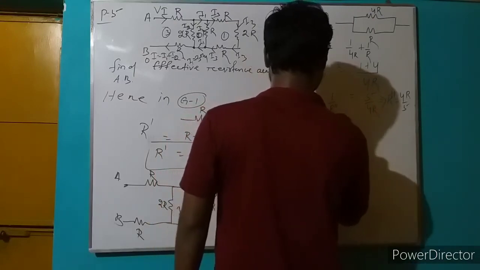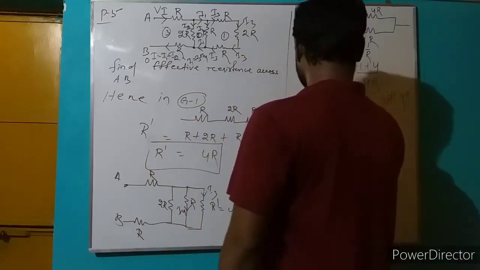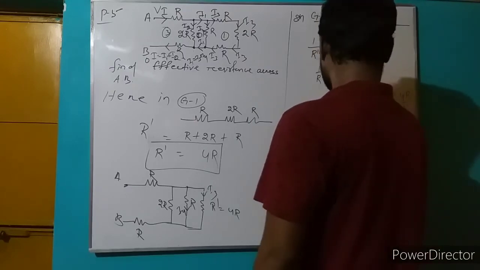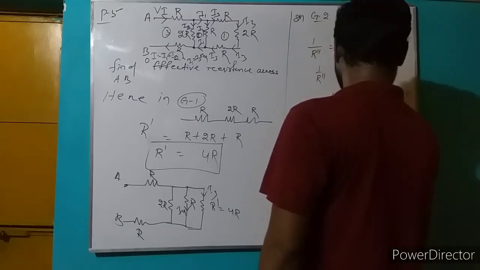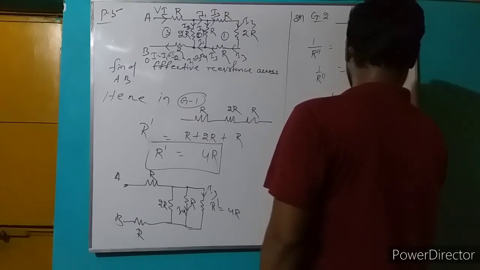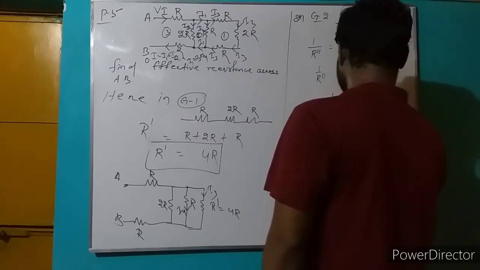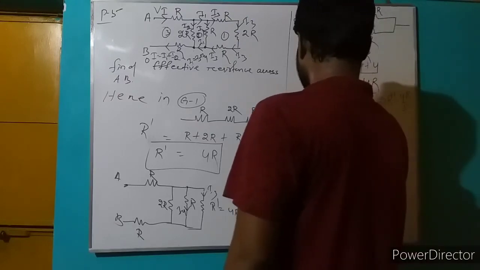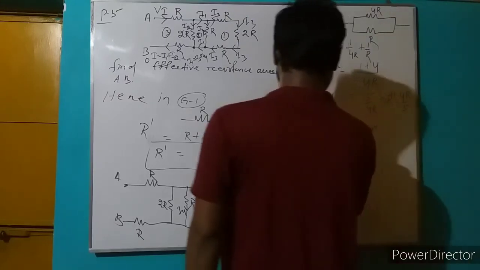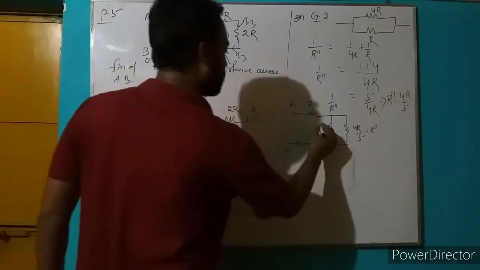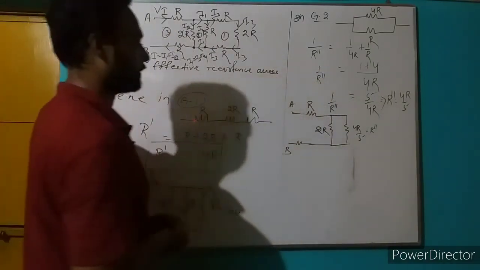This is the resistor R, and that is 2R, and that is 4R by 5, which equals R double prime, and they are connected in series. Clear? That is A and that is B. That is 2R.